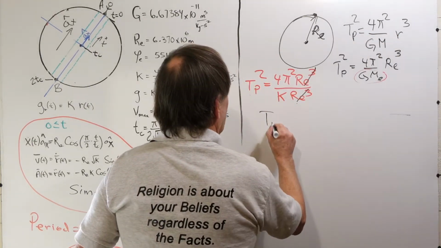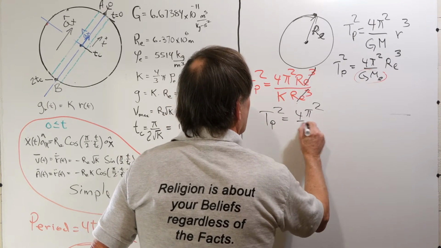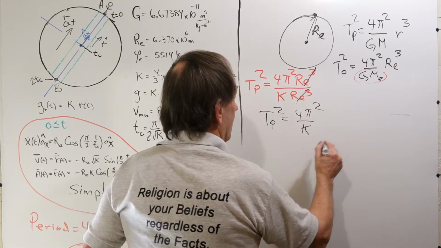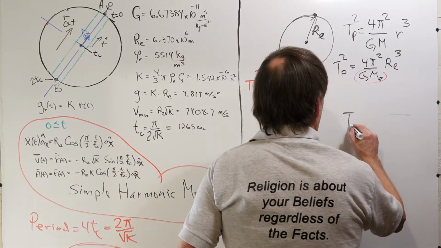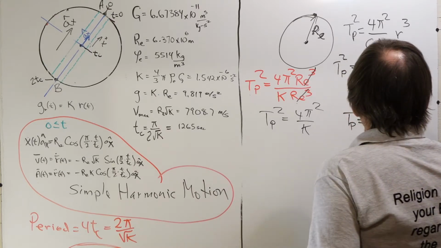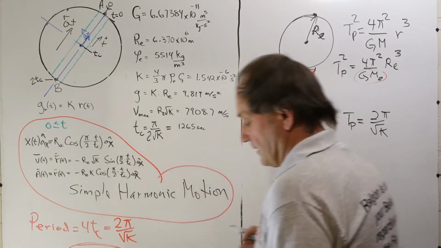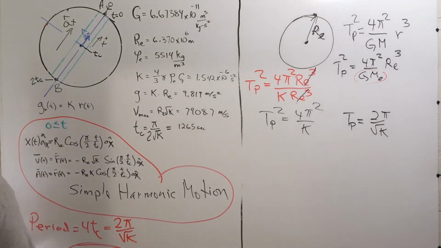So our period squared is 4 pi squared over K, or the orbital period is the square root of both sides, or 2 pi over the square root of K. Now where have we seen that before?